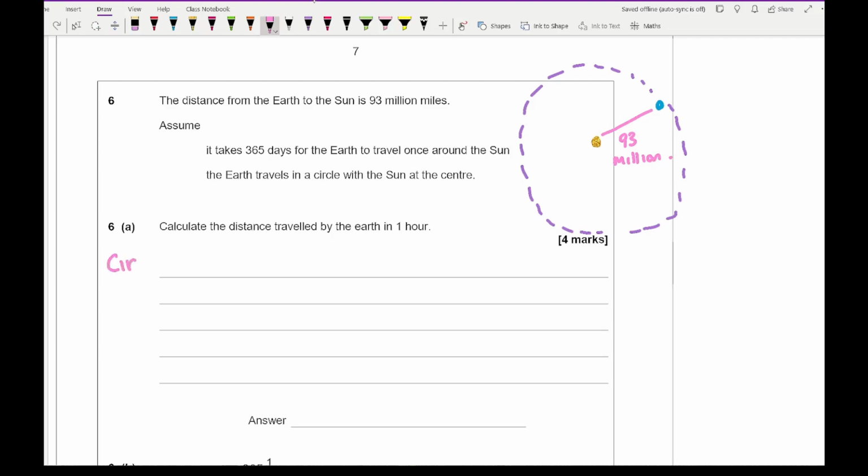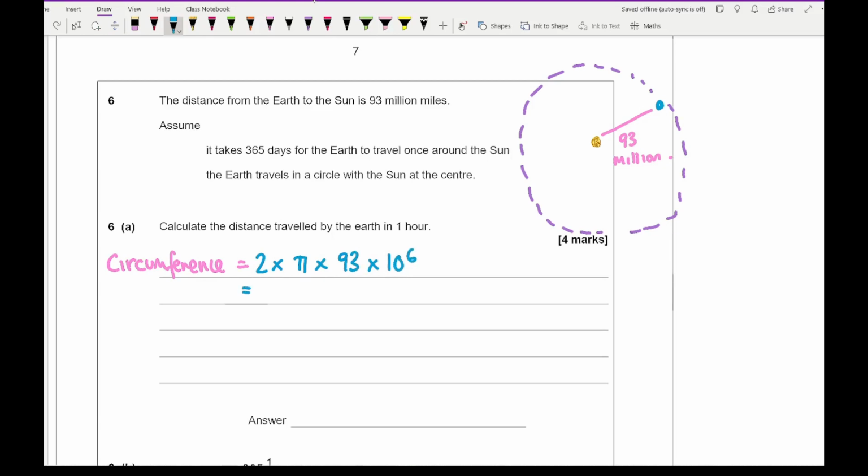So the circumference, which is 2 pi r, let's write the formula properly. So let's go for 2 times pi times the radius, which is 93 times 10 to the power of 6.